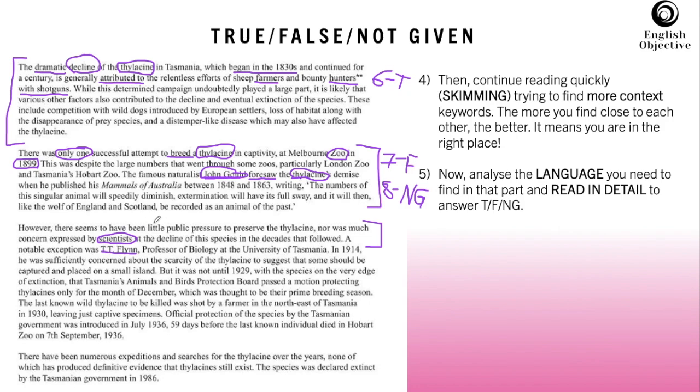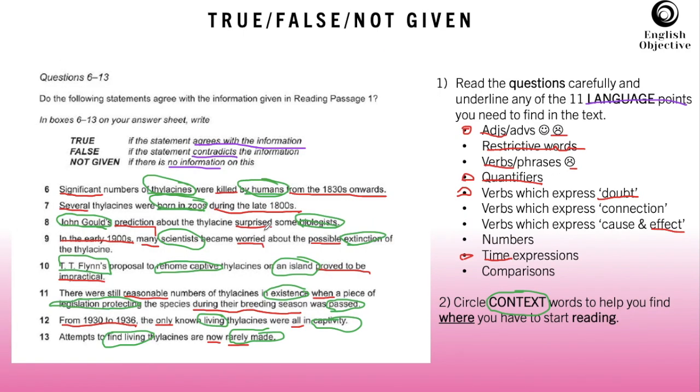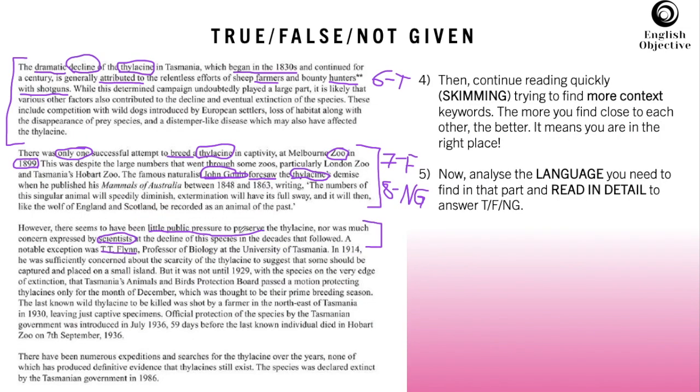However, there seems to have been little public pressure to preserve the animal. Many scientists became worried about the extinction. Apparently, little public pressure. And then let's see what happens with the scientists. No much concern. Okay, so no, like not, concern, worry.